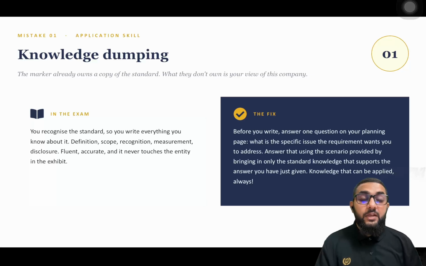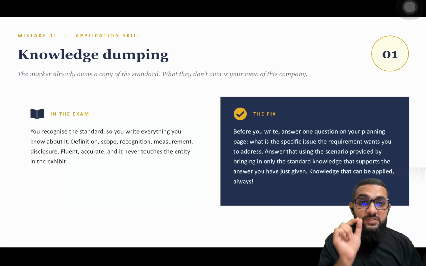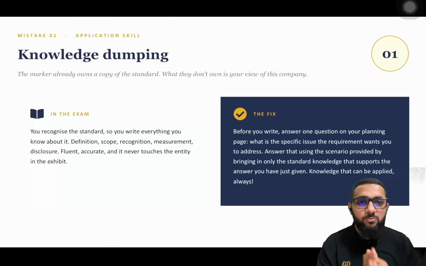All right. Now, let's say a question wants you to talk about a transfer from the IAS 16 revaluation model to the IAS 40 fair value model. You need to specifically limit your answer to the IAS 16 revaluation model and the IAS 40 fair value model.